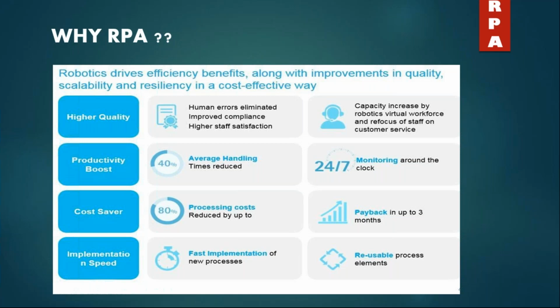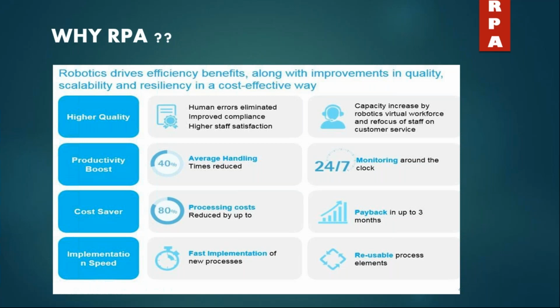Higher quality. Why is the quality high? Because human errors are eliminated, compliance improves, and there is higher staff satisfaction. Humans, at most, will have some errors, right? So we eliminate that kind of human error with the help of RPA.